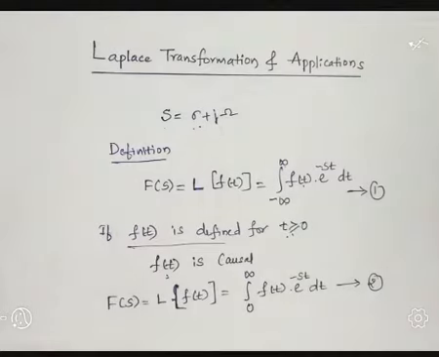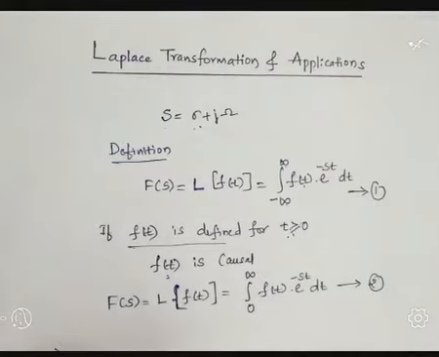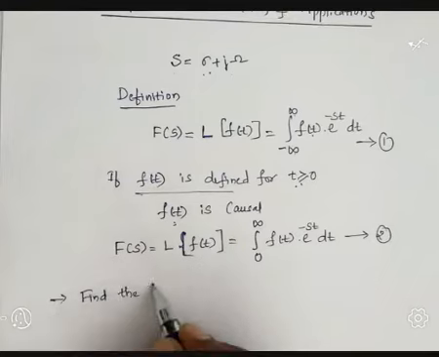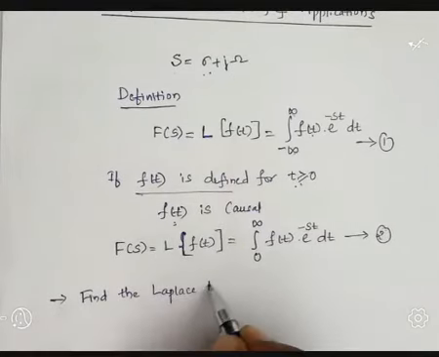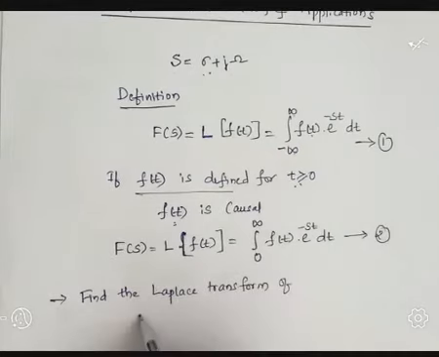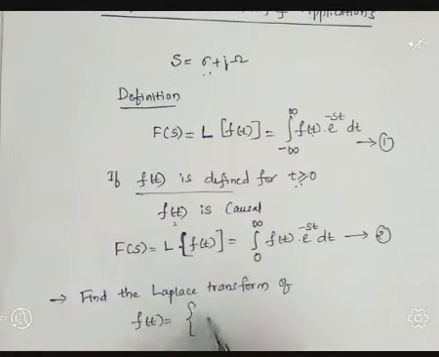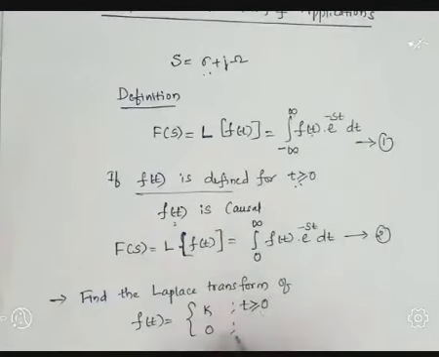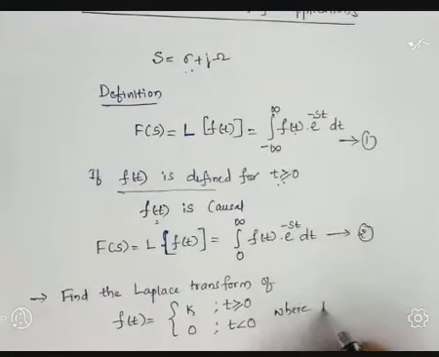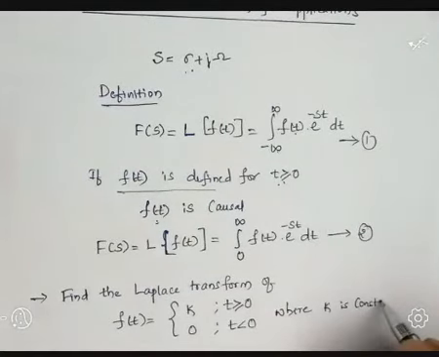Let us calculate some simple numericals. First one: find the Laplace transform of the function f of t equal to k, where k is present for t greater than or equal to 0, else it is 0, where k is constant.